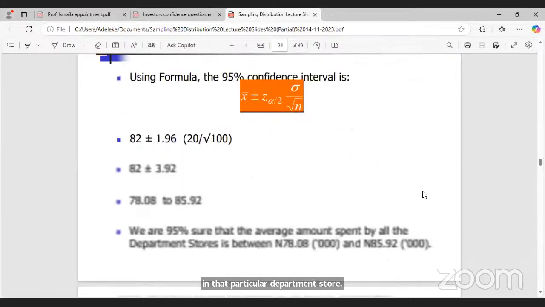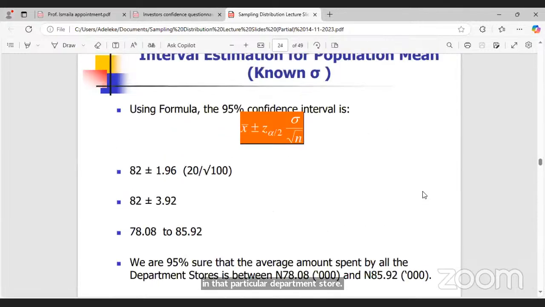Now look at the solution. The formula is x bar plus or minus z alpha over 2 times sigma over root n. So the sigma is known, 20. It is given in the question.